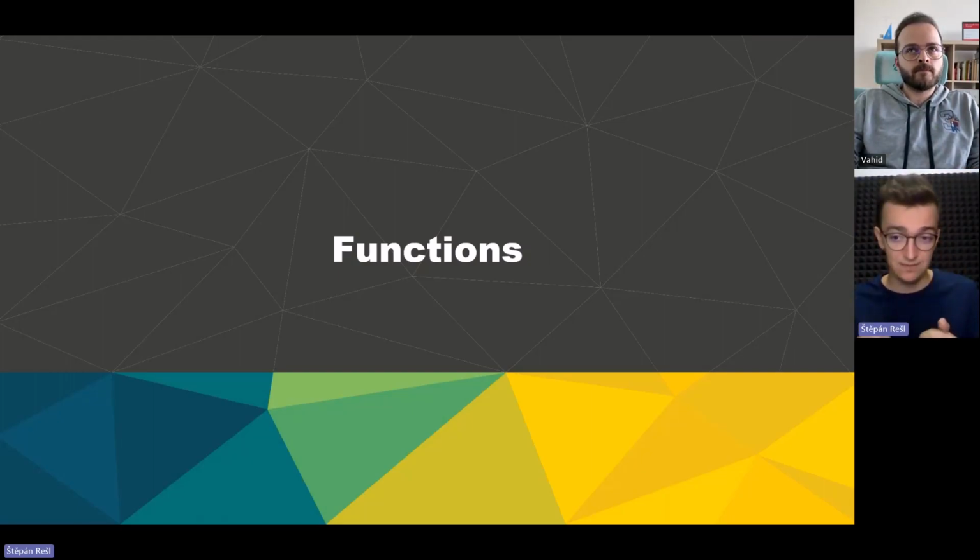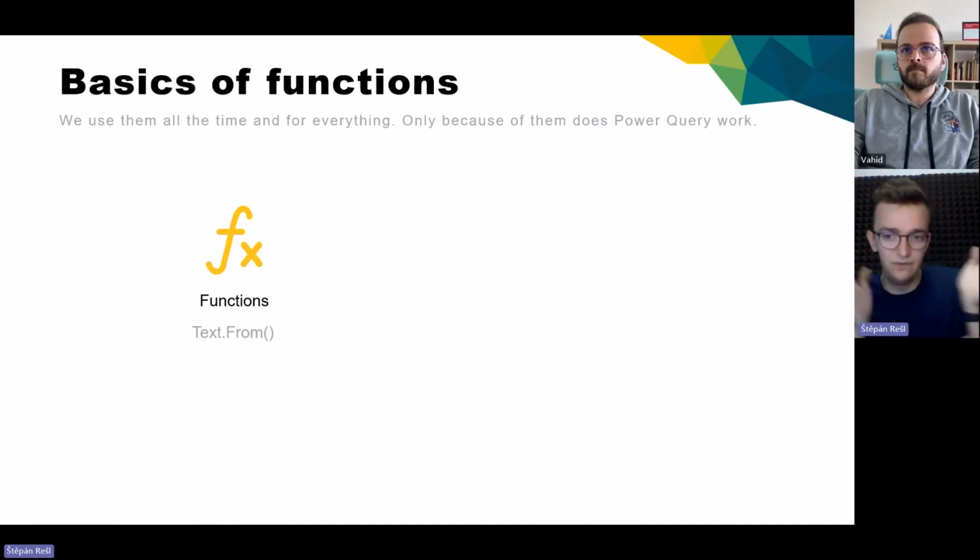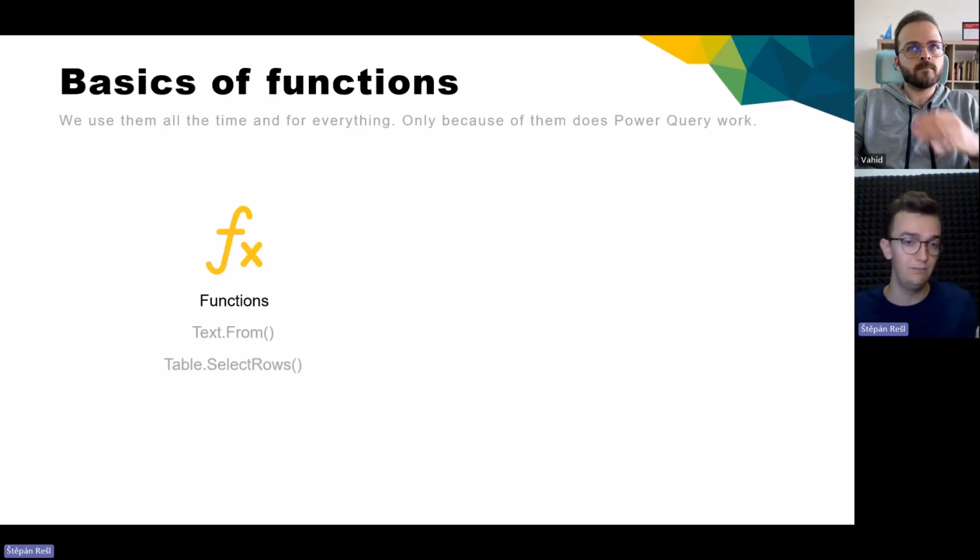But to the functions, we know that it's a basic principle of Power Query, because everything that we are doing is done by functions. Functions can look like Text.From, which is a conversion function from something to the text type, or Table.SelectRows, which we know as a filter mostly inside Power Query.